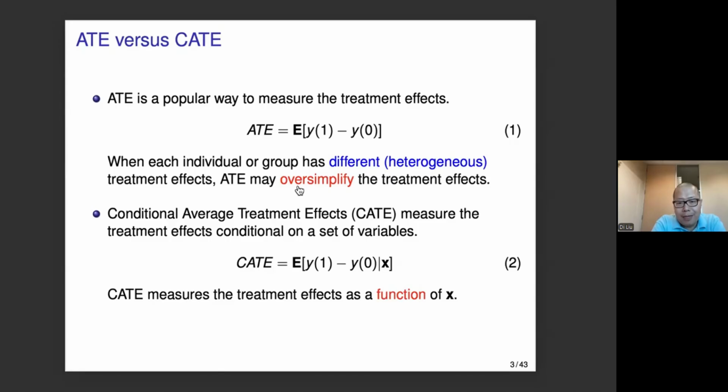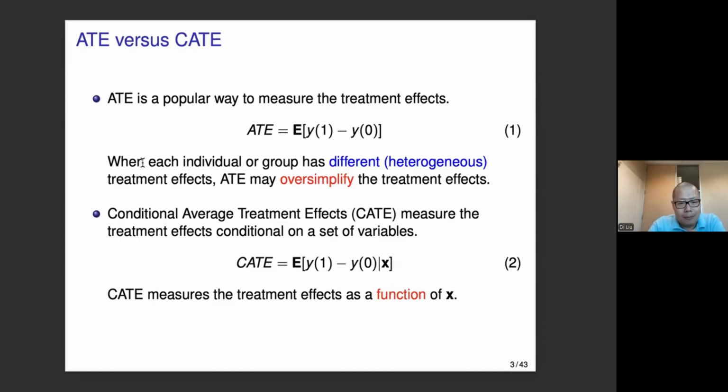To measure treatment effects, ATE is the difference between the potential outcome when treated and the potential outcome when not treated, and then we take the population average of this difference. ATE is just a single number to summarize the treatment effects.